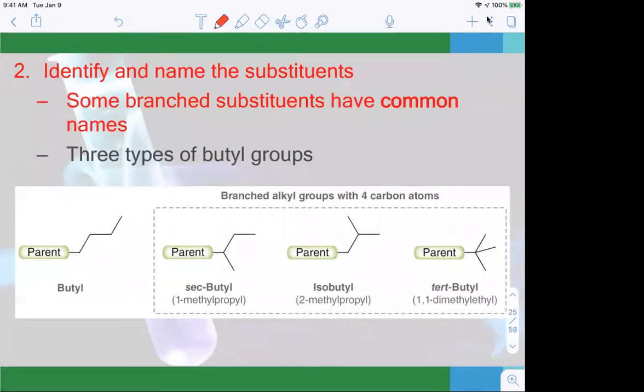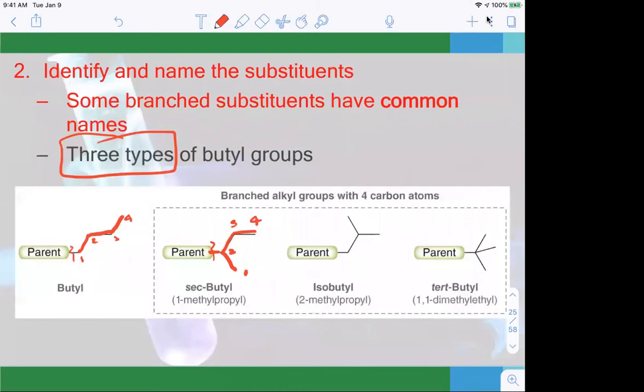When I have butane, there's actually 3 different types of butyl. There's this continuously connected 1, 2, 3, 4 straight chain. Here, I'm connected on the second carbon of the butyl.